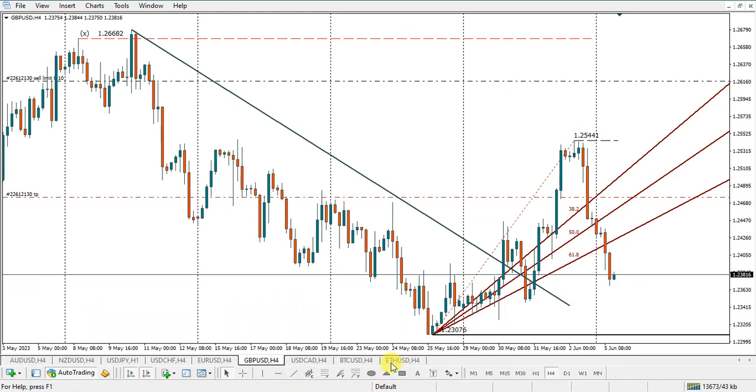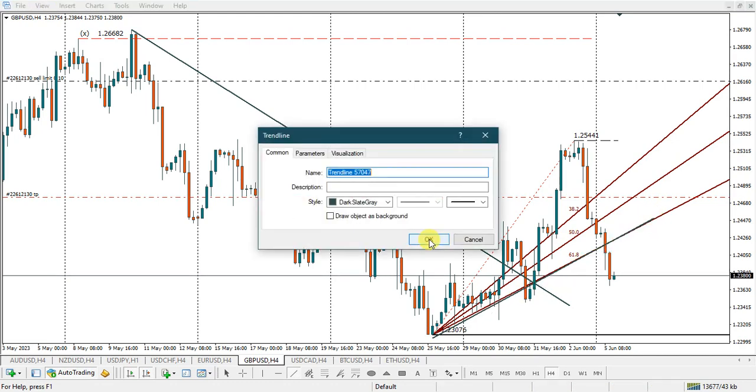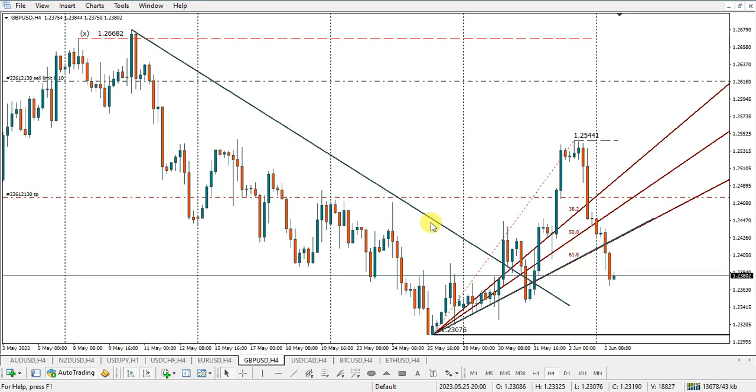Look at this, rather than guessing, now this is my 61.8. In the first case it was responding to 38.2, and we see there's lots of reaction, lots of rejection to the downside as price approached the 38.2. This time we find multiple touches occurring as price interacts with the 61.8%.